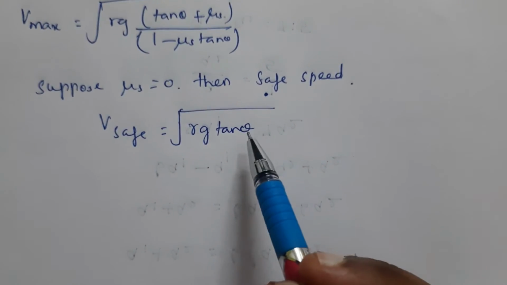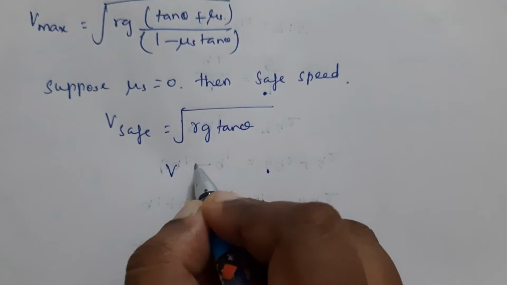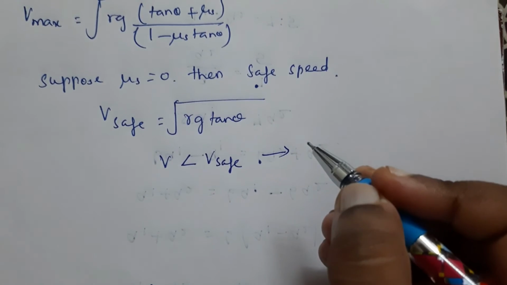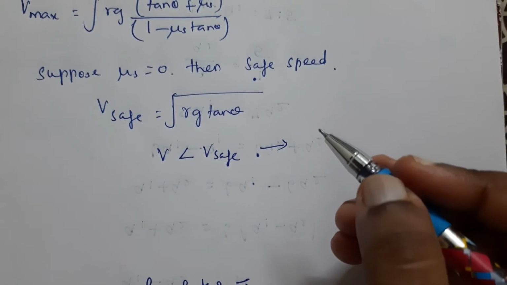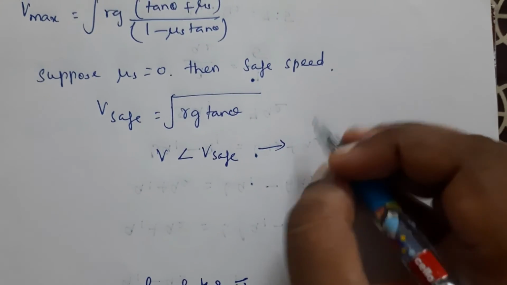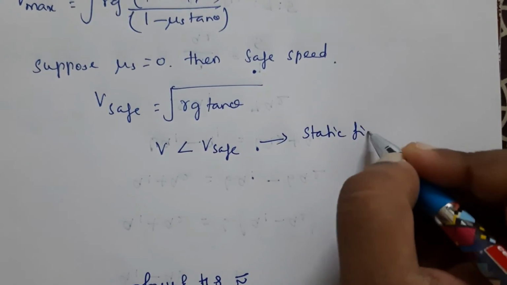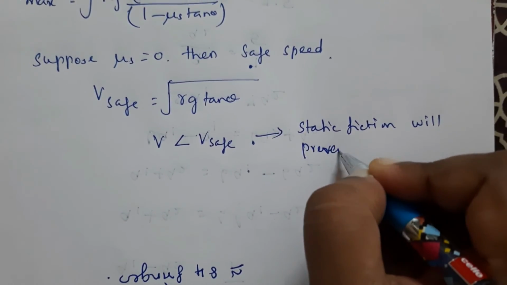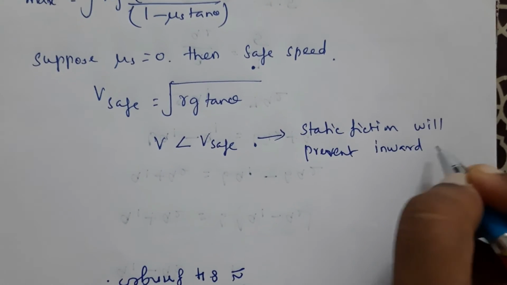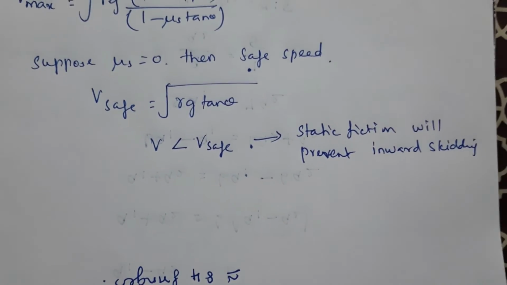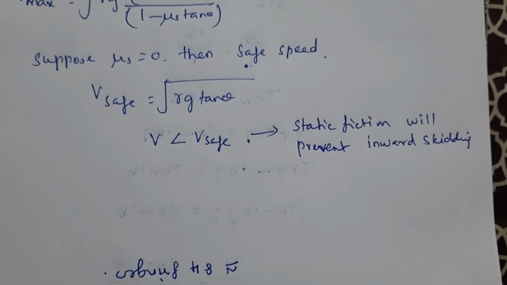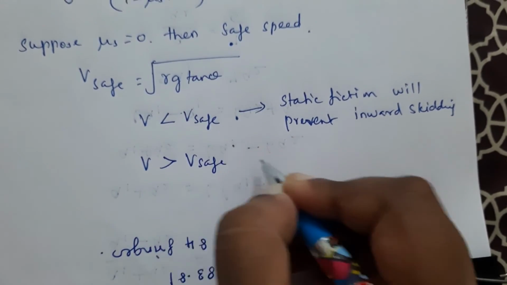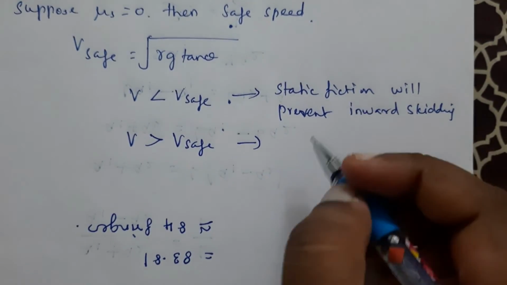Suppose the car turns with speed V less than V safe. Then the static friction will act up the slope to prevent inward skidding. If V is greater than V safe, the static friction acts down.